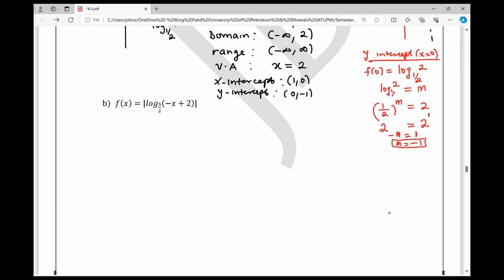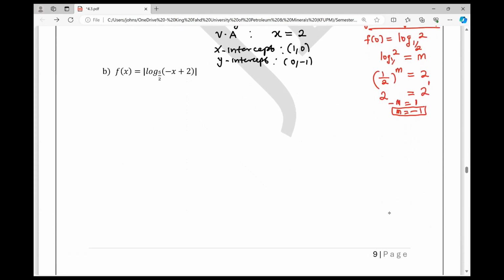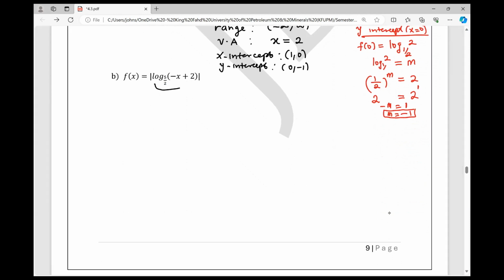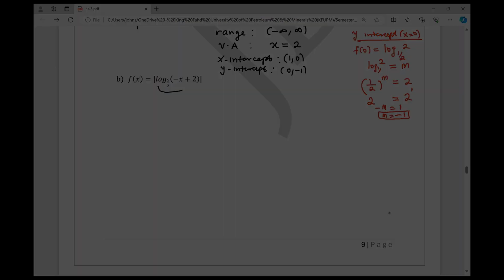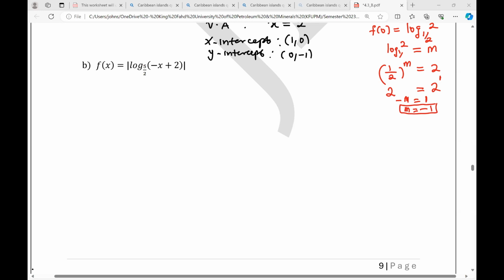Okay, now the next one is this. Now for this one, we have an absolute value. So all we need to do is to care about, first of all, what is inside the absolute value. For this question B, to graph this, we need to start with what is inside.